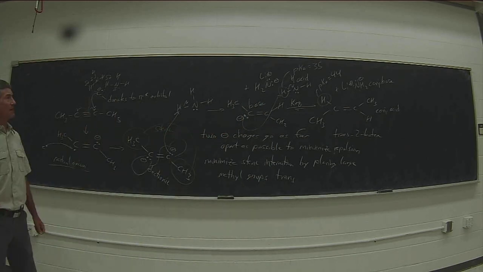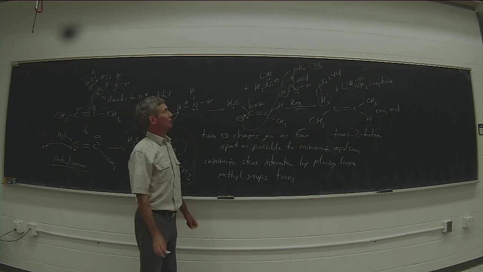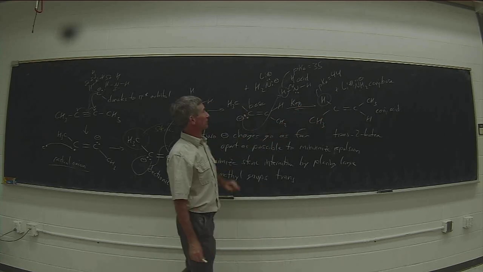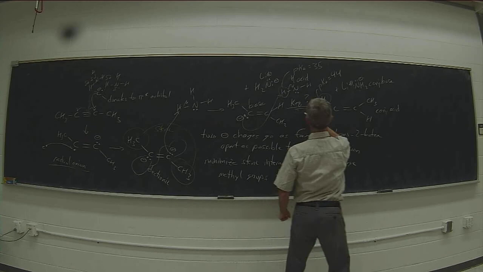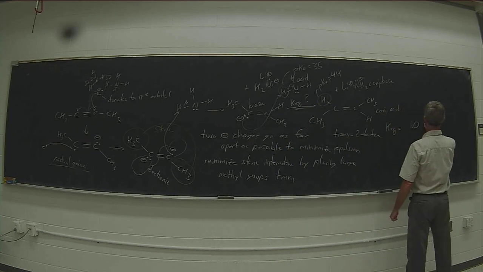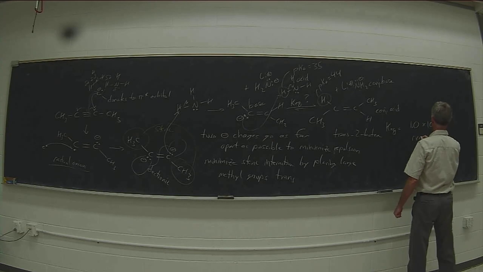Since the pKa of our conjugate acid is 44, which is significantly larger than the pKa of our acid, this is a much weaker acid. In fact, it's about 9 orders of magnitude weaker, which means that the equilibrium constant for this reaction is equal to 1.0 times 10 to the 9th. And the reaction goes to completion.